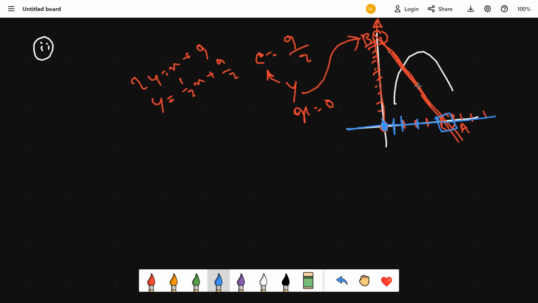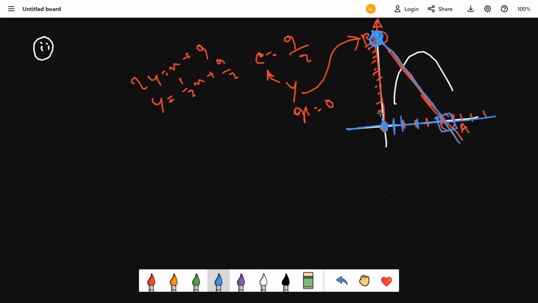So when we extend the straight line, when x equals 0, the y value for the straight line is over here.